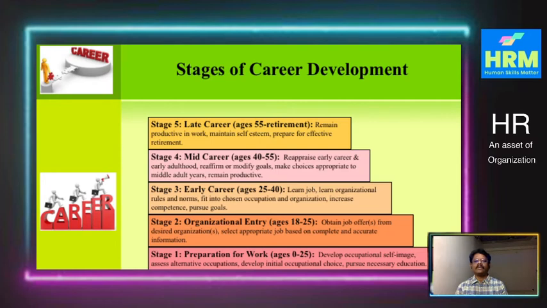According to that, you can see the stages of career development. Stage one is the preparation for work and organizational entry, then early career, mid career and late career. More or less you can see the difference, but here we look at it from the developmental perspective. Age up to 25 is the preparatory stage, and then organizational entry, like 18 to 25, then early career stage like 25 to 40, and the mid level, 40 to 55.